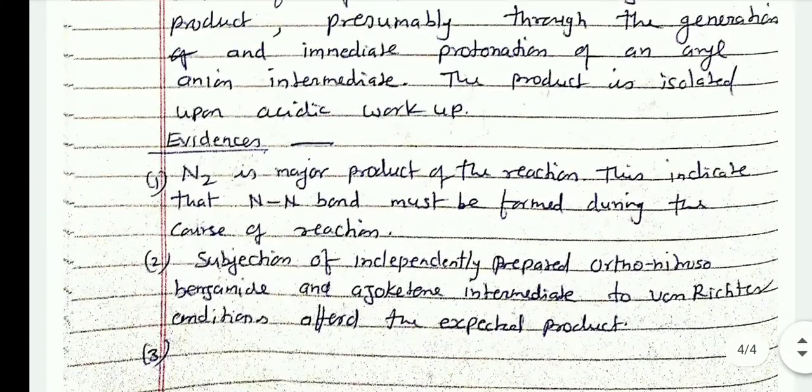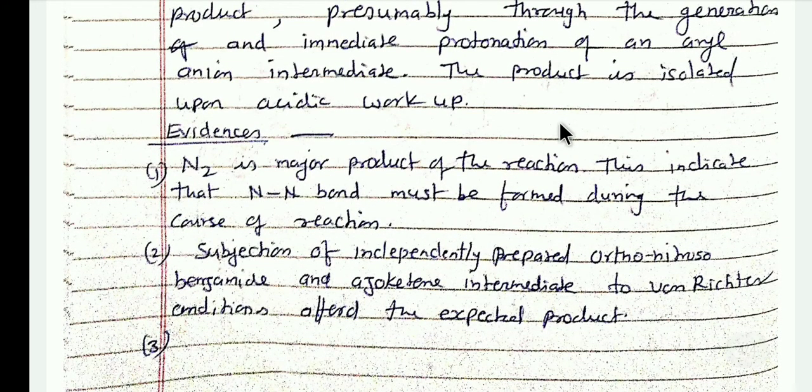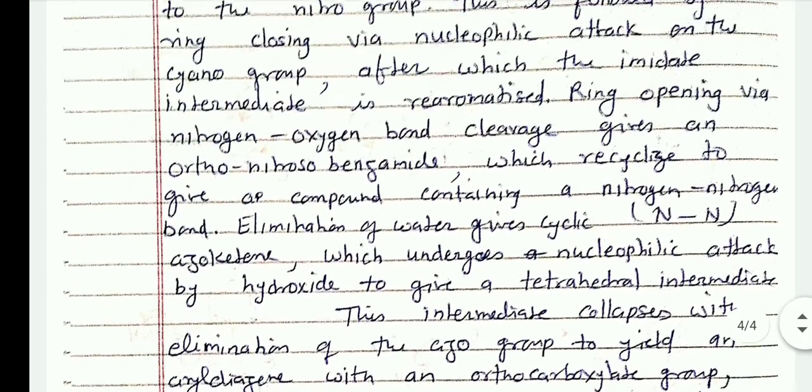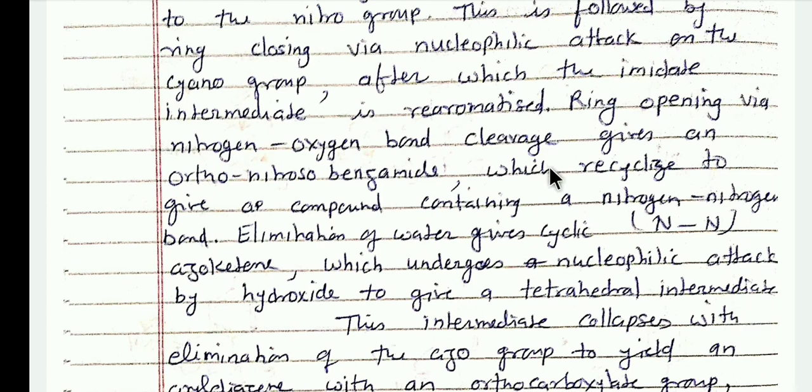Now, what is the evidence for this mechanism? In this mechanism, nitrogen is the major product of the reaction. This indicates that a nitrogen-nitrogen bond must be formed during the course of the reaction. The second evidence is that when independently prepared orthonitrosobenzamide or azoketone intermediate is subjected to the von Richter conditions, we obtain the expected von Richter product.